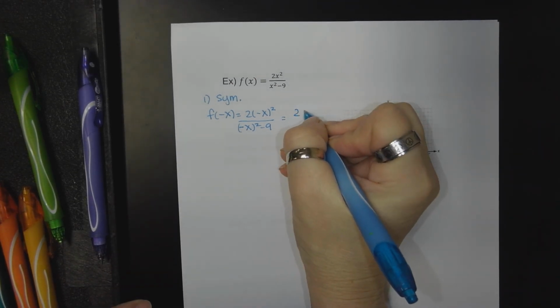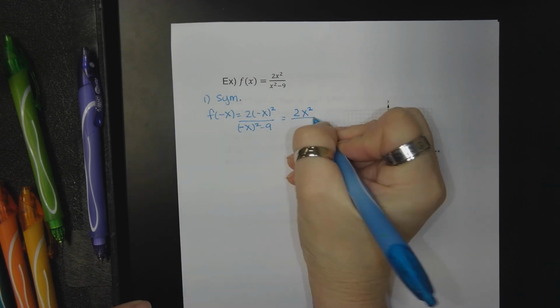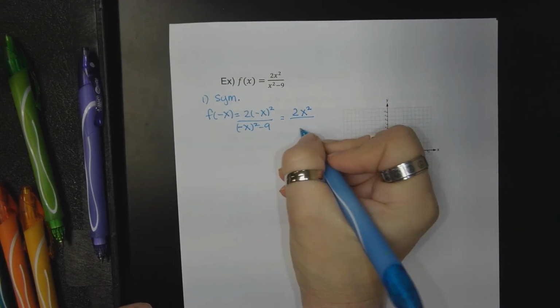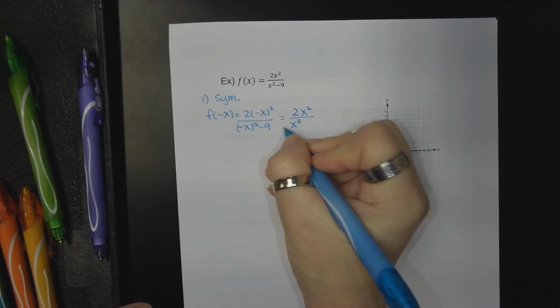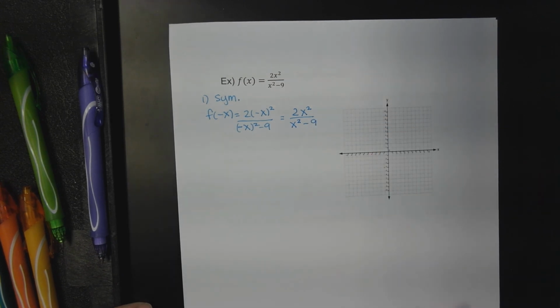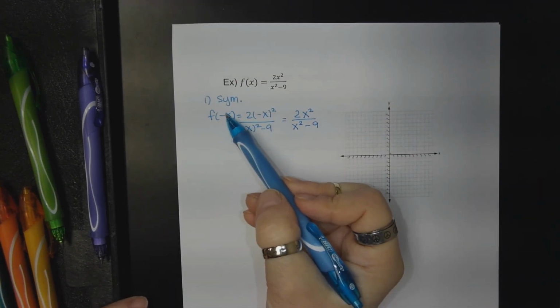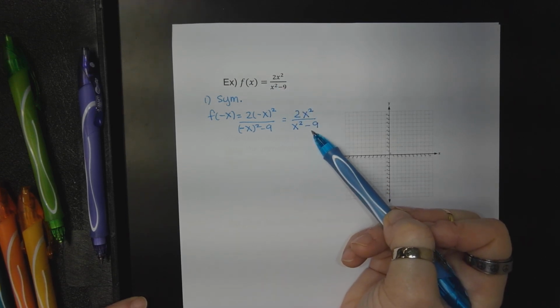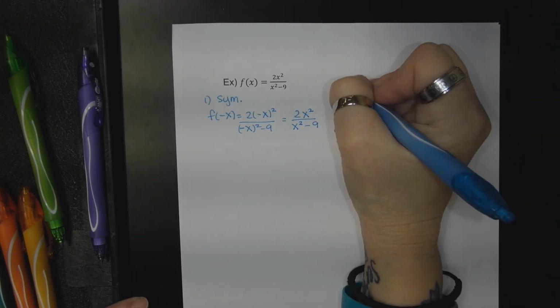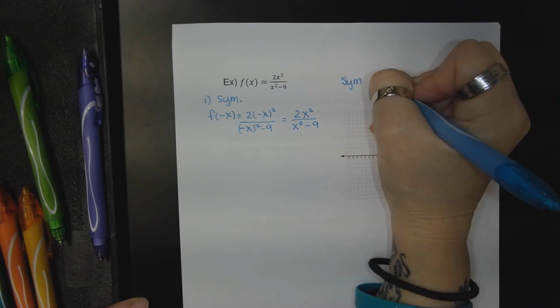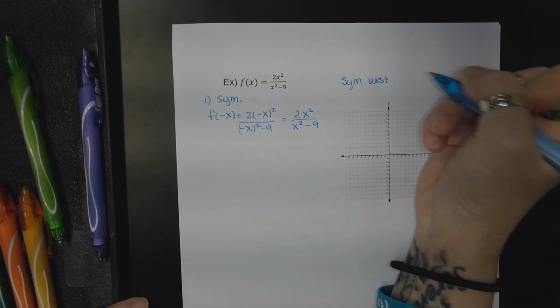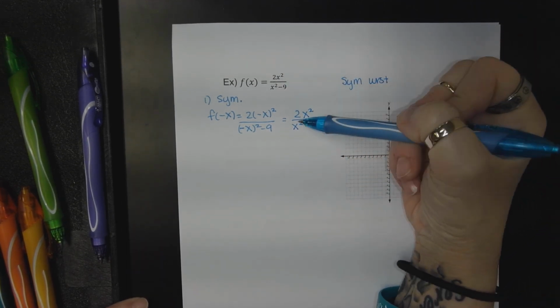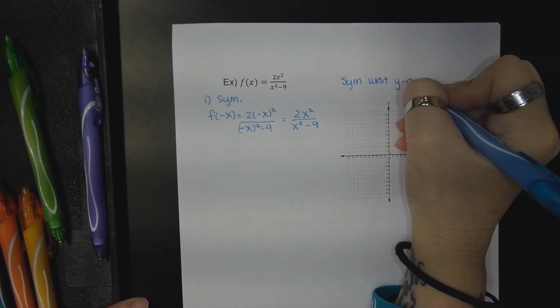So that's going to be 2 times x squared over x squared minus 9, the same function. Since we plugged in a negative x and it spit out the same function, what does that make the symmetry? It's an even function, so it's symmetric with respect to the y-axis.